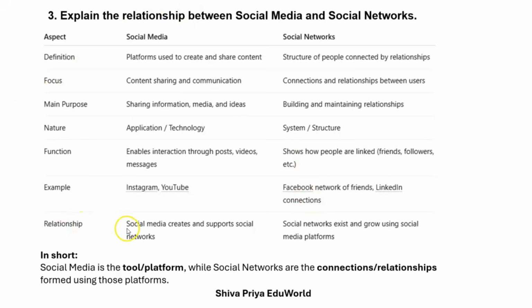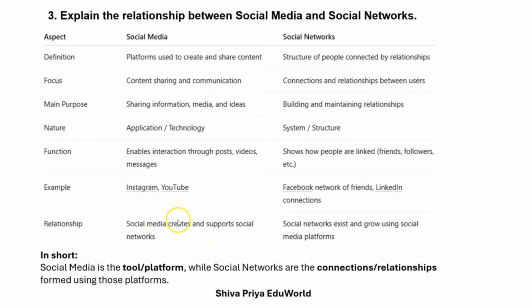Here, social media creates and supports the social network. A social network already exists and grows using social media platforms. Clear? Already a social network is there, and it will grow using social media platforms.